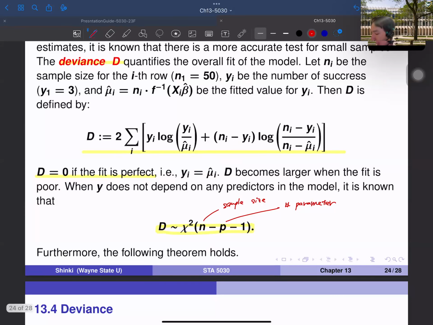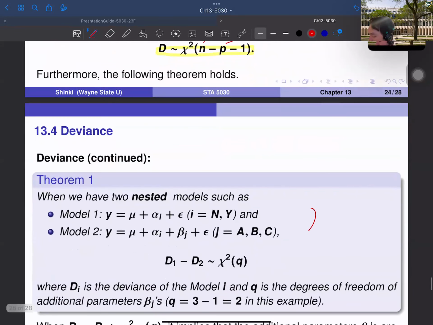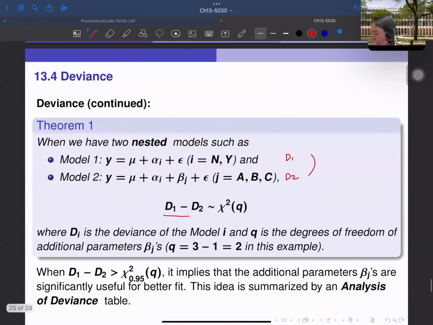If we want to test the difference between two models, we can calculate D1 for model 1 and D2 for model 2. The theory suggests that D1 minus D2 follows the chi-square distribution with DF Q. Here, Q is the difference in the number of parameters between model 1 and model 2. In this case, model 2 has two more parameters because we have beta j, where j is b and c, since we have one baseline.